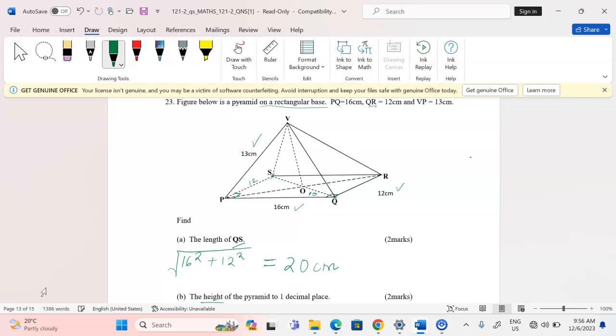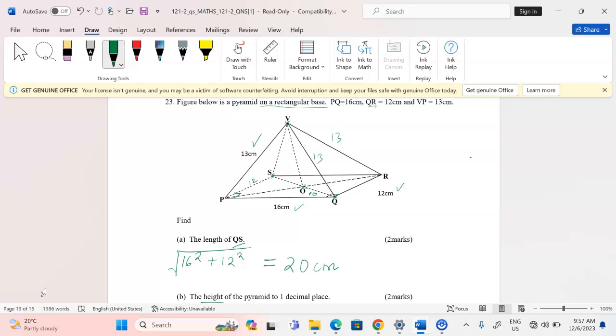And we have 13 centimeters at this point, since all the slanting edges are equal to 13.